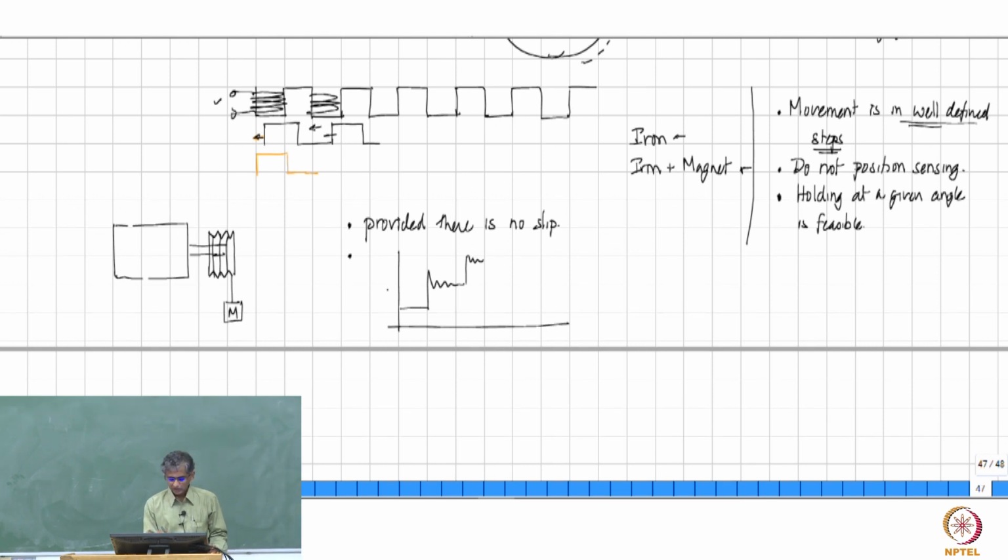For example, if this is the angle by which it is going to move when you go from one phase energization to the next phase, you can also manage to hold the rotor anywhere in between if you give a mix of excitation to both of them. You give an appropriate smaller excitation to one and a larger flow of current in the other, then the rotor will be held somewhere in between, right?